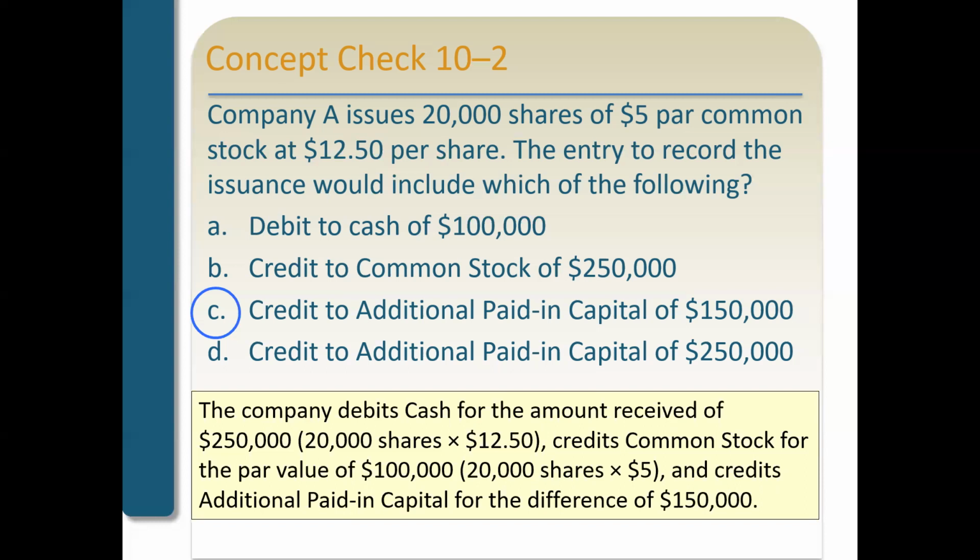And then we're going to credit the difference to additional paid-in capital of 150,000. Do you guys understand that? Does that make sense? Yes, no?